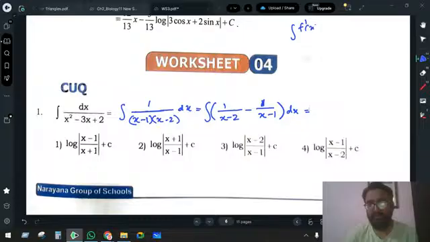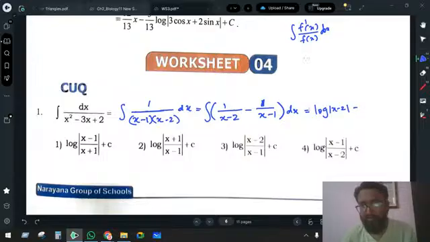Integration of f dash x by f x is log of mod x minus 2, minus log of mod x minus 1. The derivative is also 1, and plus c.